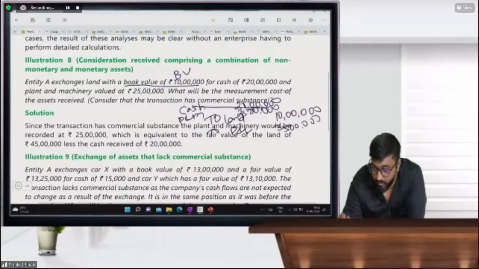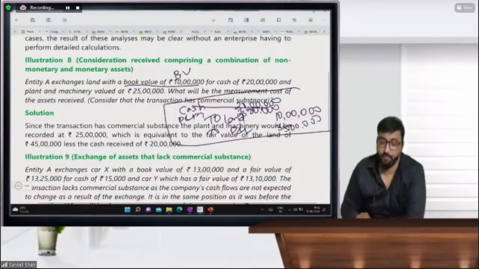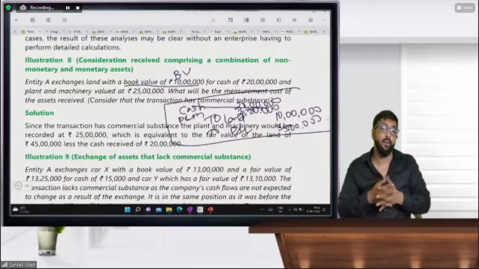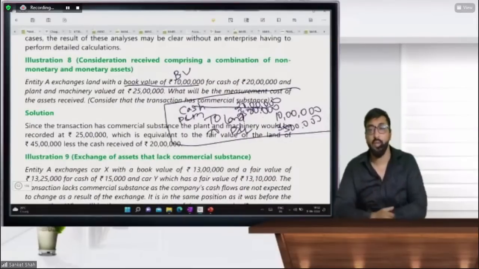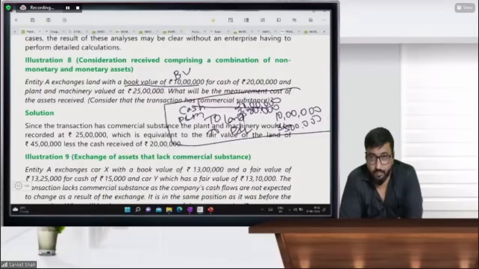So this is the entry: cash account debit, plant and machinery account debit, to land, and to profit and loss account. Got the concept?